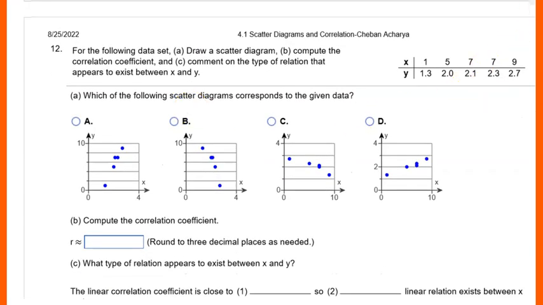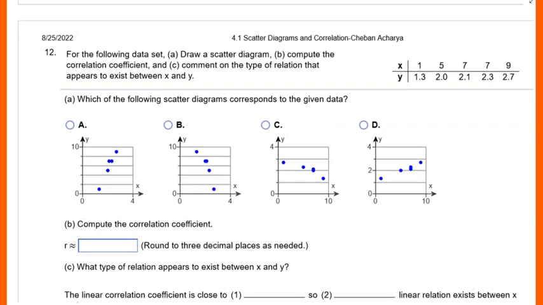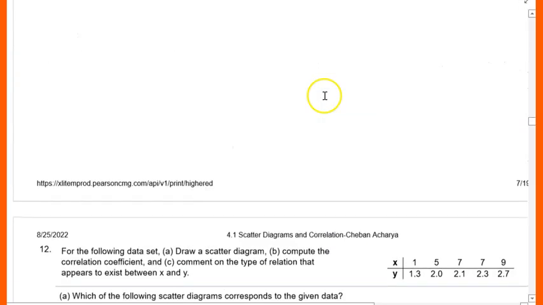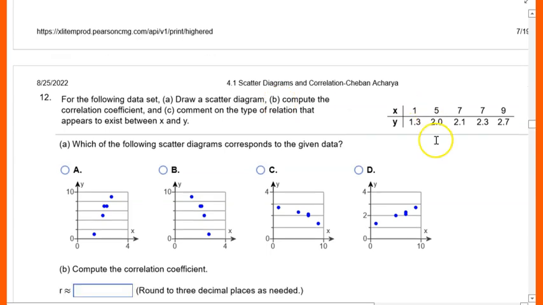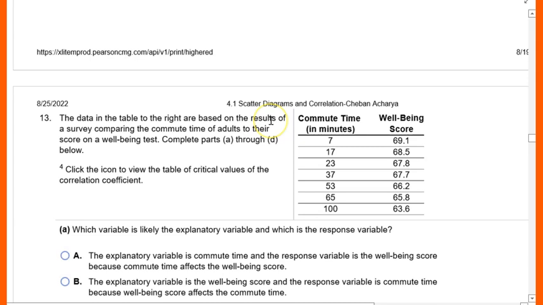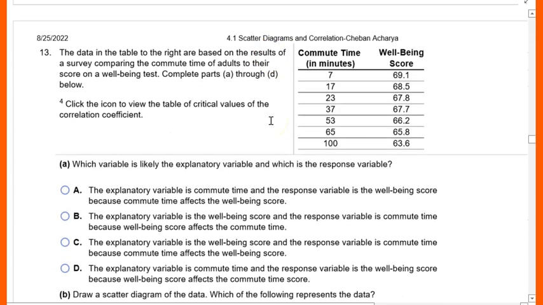Question number 12 is similar to question number 11. I'm not going to do that. They're exactly similar. And question number 13 is also similar too, but I want to do this one.